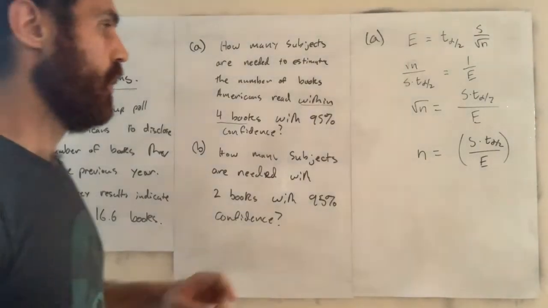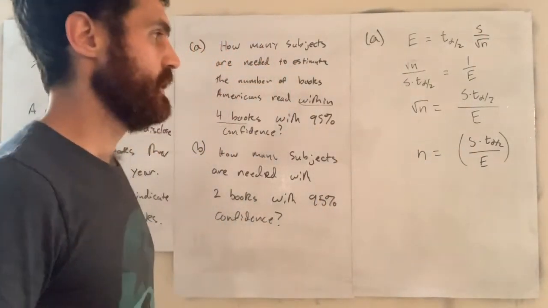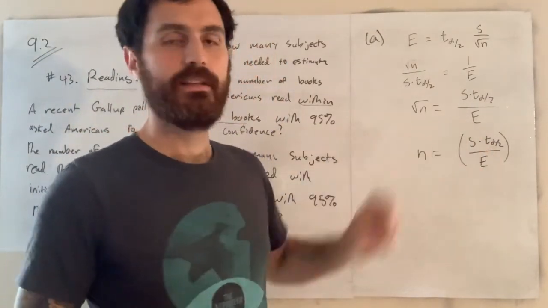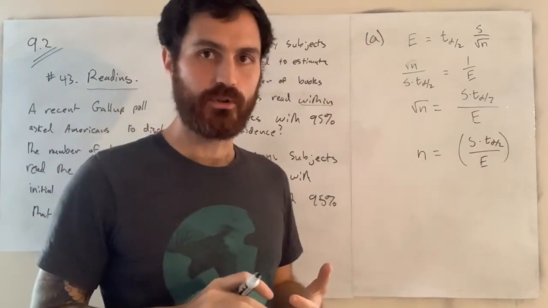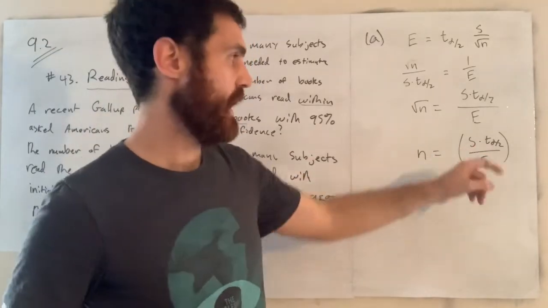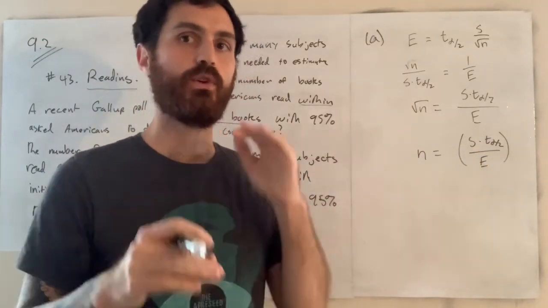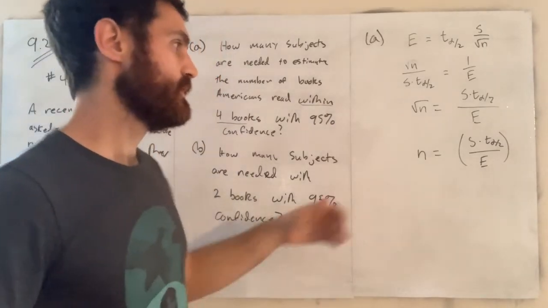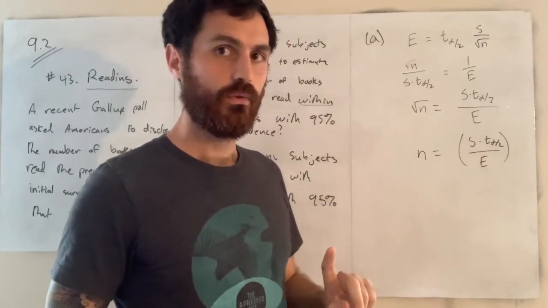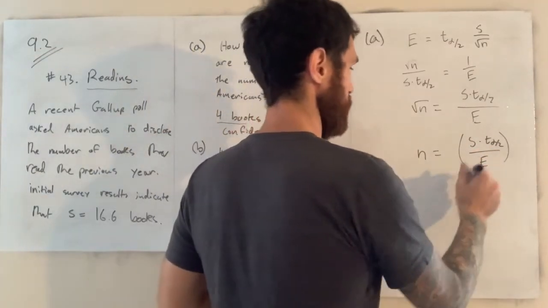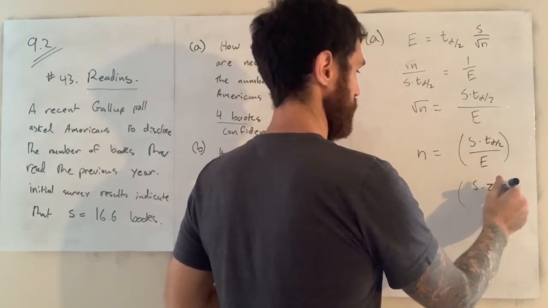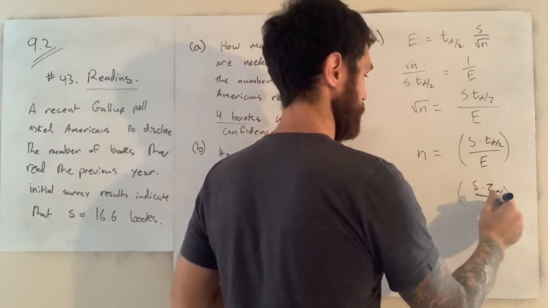Now, notice, remember from last time, this t-value depends on what n you've chosen. So if you haven't already chosen that n, it doesn't make sense to say what the t-value is. So we're going to assume that we're getting close enough that our t-value is well estimated by the z critical value.